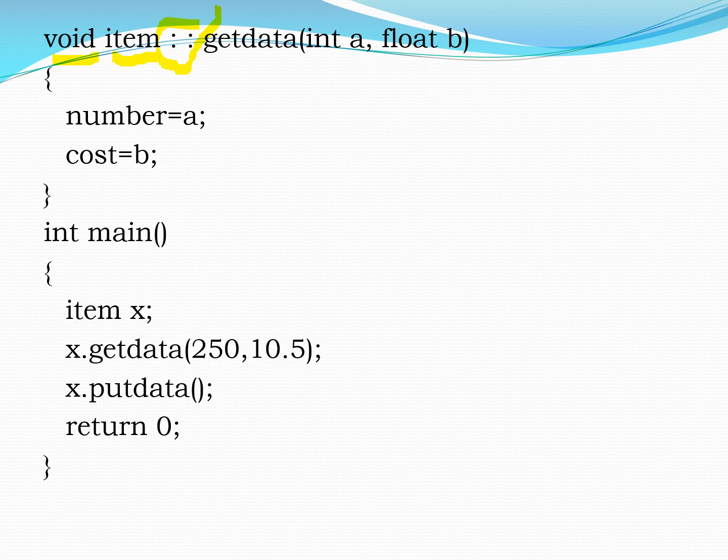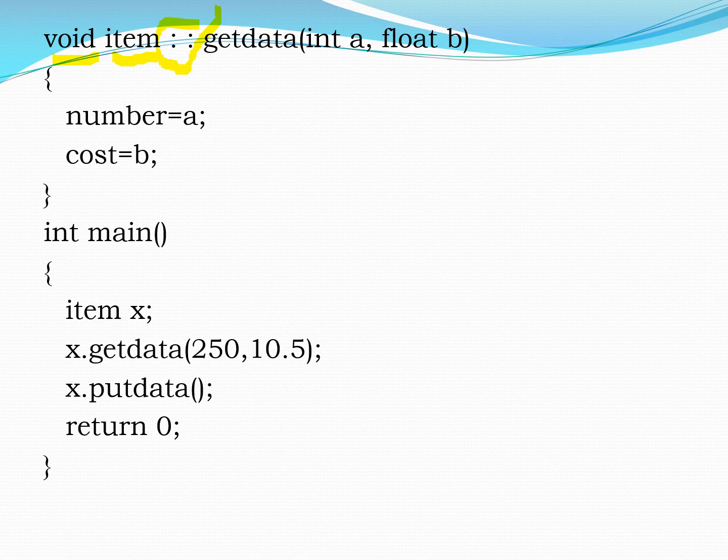We have already declared that it has two arguments, that is int a as well as float b, with different data types.